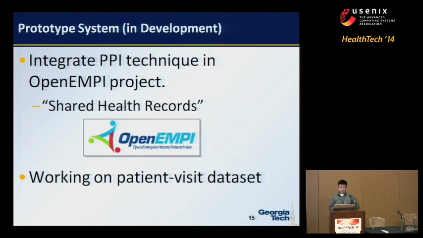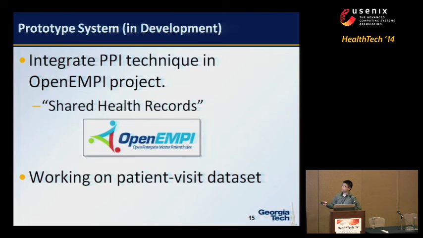So right now, this project is in the stage of implementing a prototype. We try to integrate our technique into existing open source software rather than implement everything from scratch. So Open EMPI, or Open Enterprise Master Patient Index project, is the platform we try to integrate our technique into.